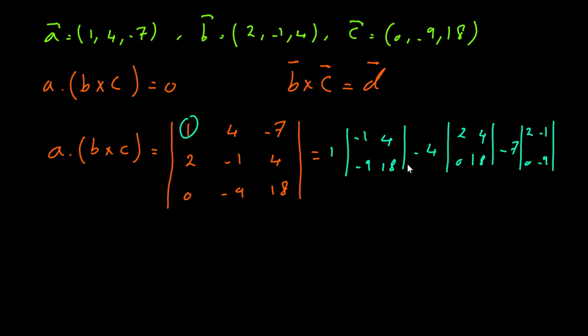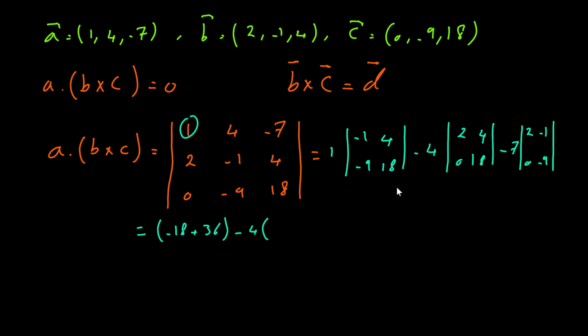Then I have to do the multiplication. The first determinant is going to be 1 multiplied by the whole thing: -18 minus 4 times -9, so it becomes plus 36.